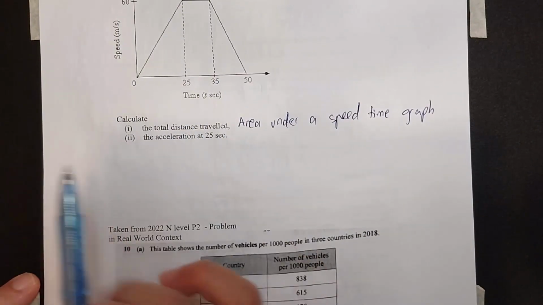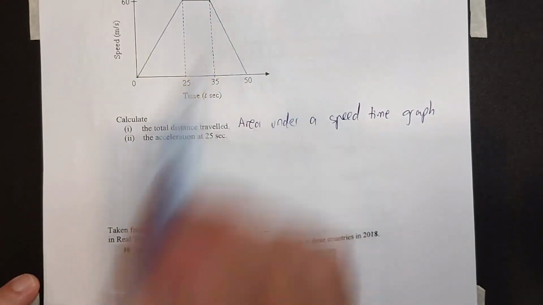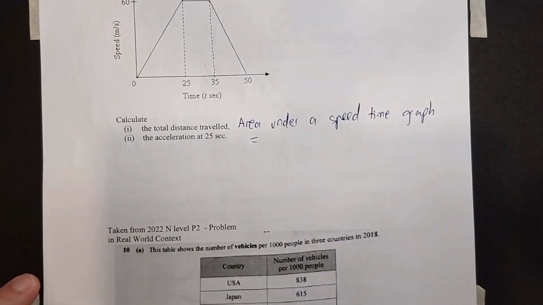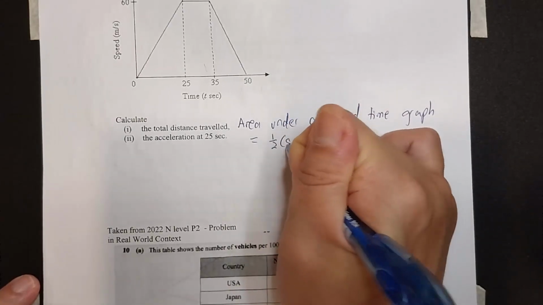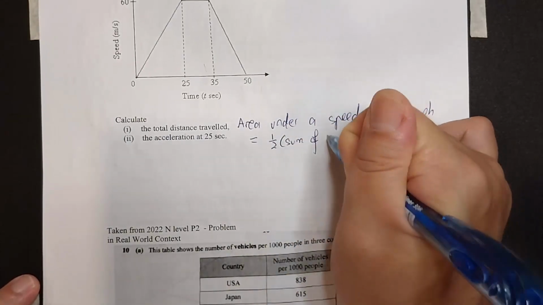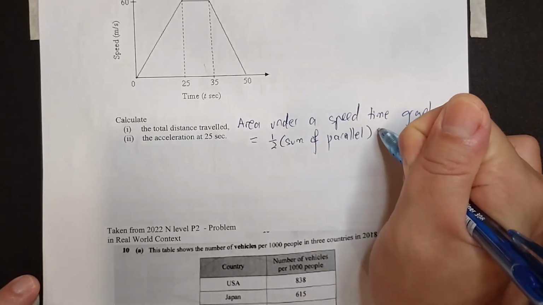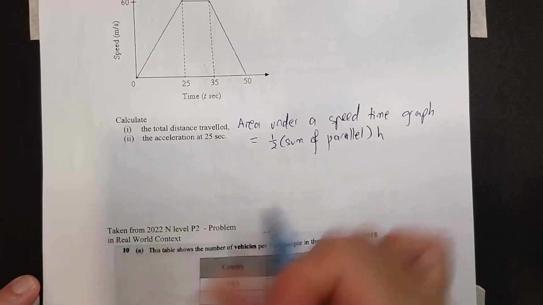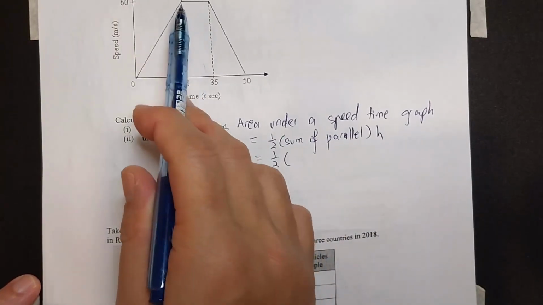Or we can use the formula for the trapezium, because this is a trapezium with one pair of parallel sides. Let us revise using the formula for trapezium. It's equals to half the sum of the parallel sides times the height between them.